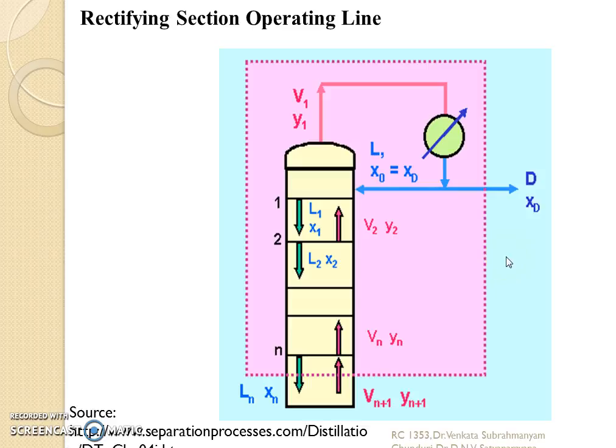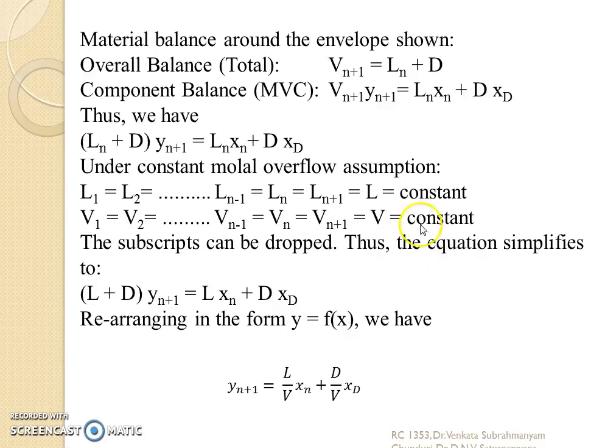To develop the operating line equation, we do the overall material balance and the component balance. From the diagram, the overall material balance gives Vn+1 = Ln + D. For the more volatile component, Vn+1 Yn+1 = Ln Xn + D XD.